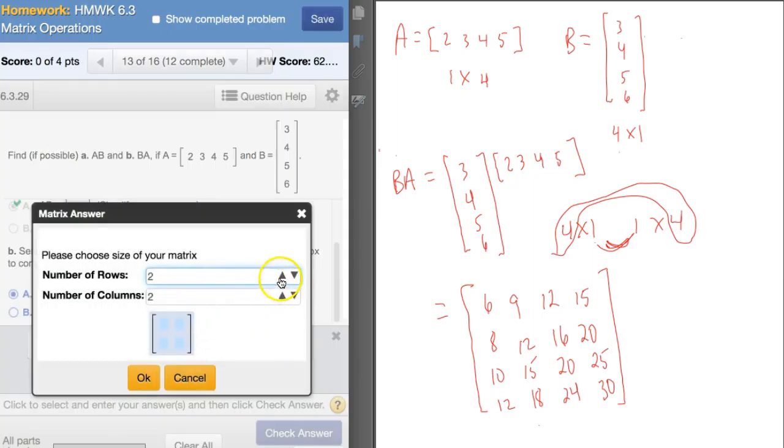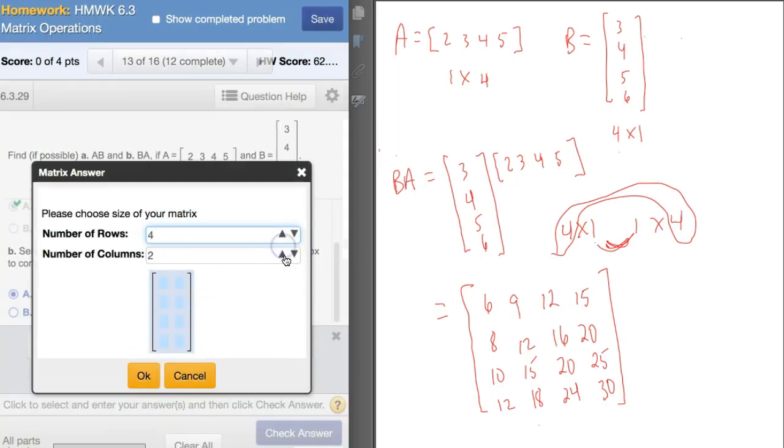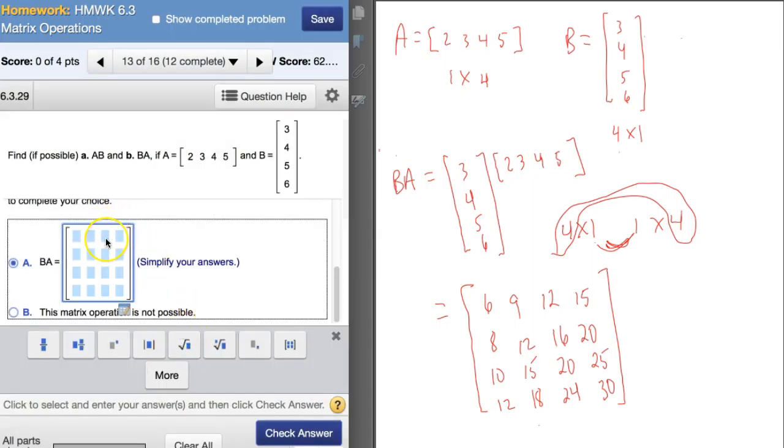And let's come here, tell it to do 4 by 4. And then we'll just enter in the numbers here. So 6, 9, 12, 15, 8, 12, 16, 20, 10, 15, 20, and 25.